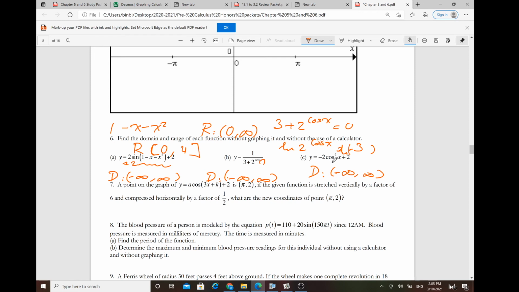So this one has a possible chance to be 0, because negative 2 plus 2 is 0. But what about the max? The max right here I would say is 2. So the range here would be from 0 to 2.